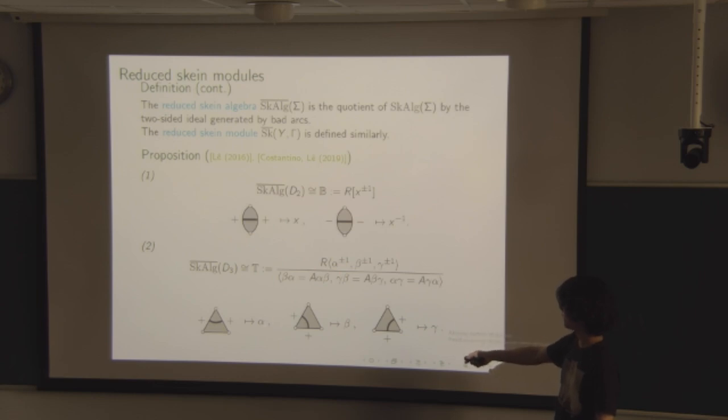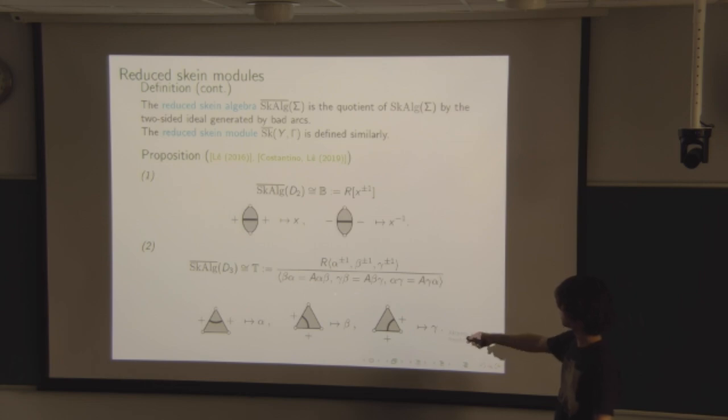Roughly, these are variables associated to the three vertices of the triangle. So we can visualize this element alpha as a stated tangle around this vertex with signs plus plus, likewise beta this tangle, gamma this tangle.